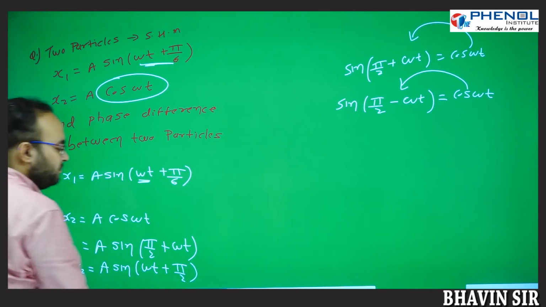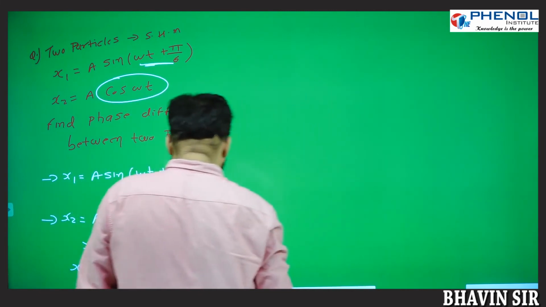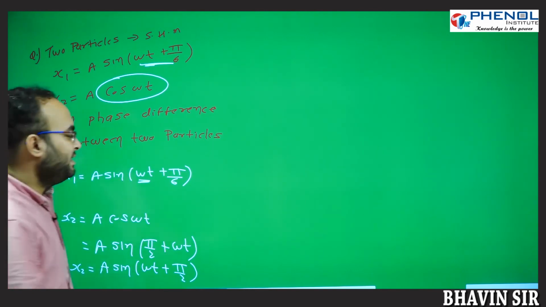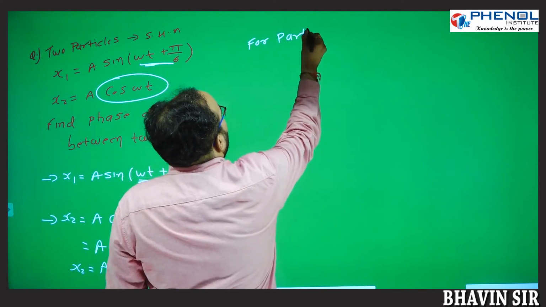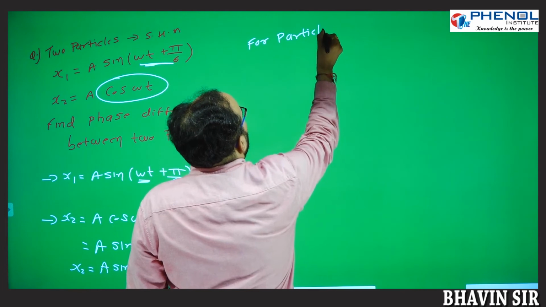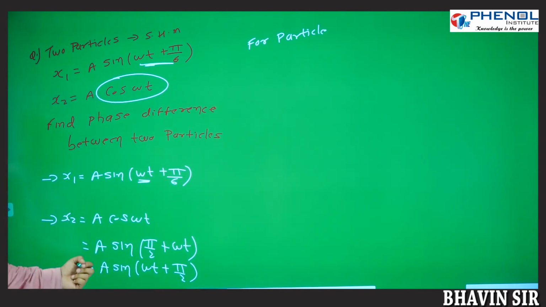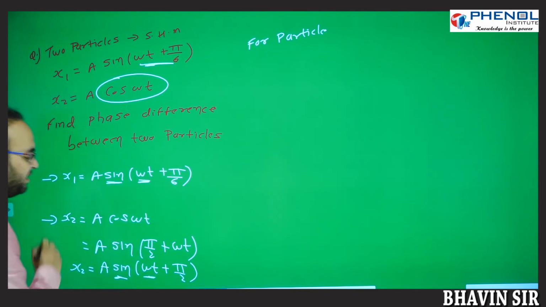So we can now write sin(omega t plus pi by 2). Now see, for particle 1, what is the phase? Omega t plus pi by 6. Now we can take the difference of the two particles, because here both have omega t in sine.